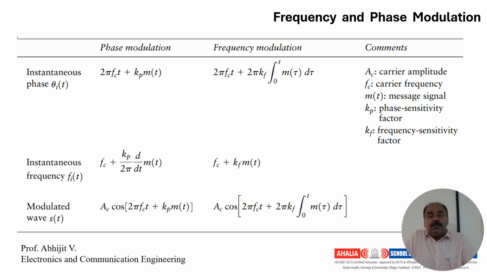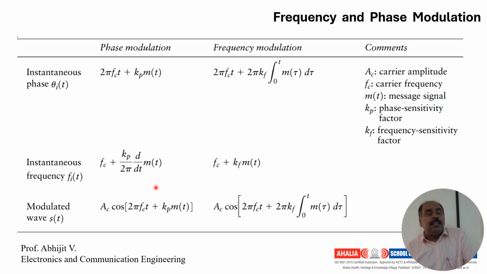Ac stands for the amplitude of the carrier signal, fc stands for the frequency of the carrier signal, Kp is phase sensitivity factor and Kf is frequency sensitivity factor. You should be capable of defining what is phase sensitivity factor and frequency sensitivity factor.